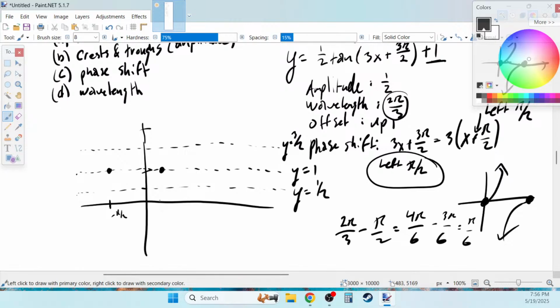This is the point pi over 6, comma 1. That's the end of my wavelength. Halfway between these two nodes, I will have my asymptote. So this is 3 pi over 6 to the left, 1 pi over 6 to the right. So here at negative pi over 6, we have our vertical asymptote.